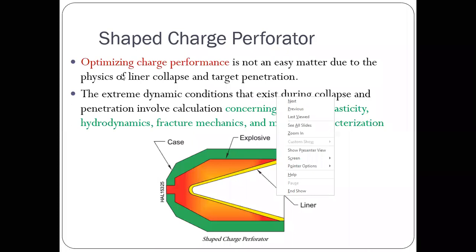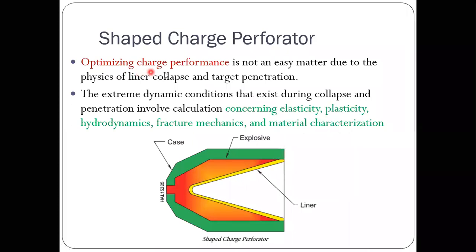So it is very important to optimize the charge performance, but it is not an easy task, because it depends on the physics of liner collapse and target penetration, and it is extreme dynamic conditions which exist during the collapse and penetration, and which involve calculations concerning elasticity, plasticity, hydrodynamics, fracture mechanics, and material characterization.